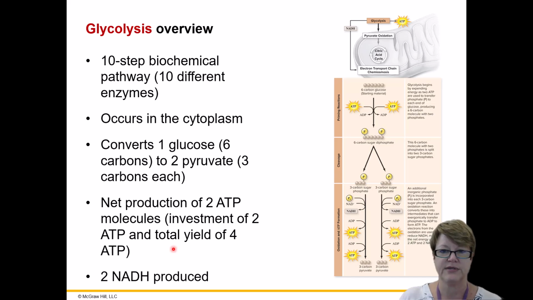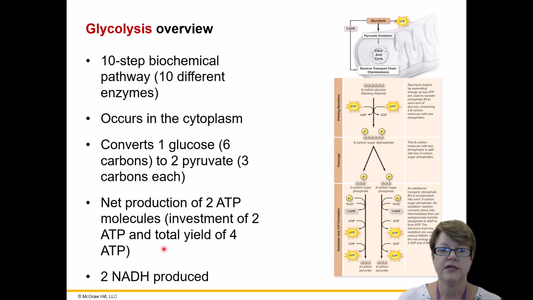We call that the energy investment. And that activates some of those early intermediate molecules, and that activation is needed to get things going. But by the end of the process, we're going to get back 4 ATP. So we use 2, but we get 4, and so the net profit, or the net production, is 2 ATP molecules.